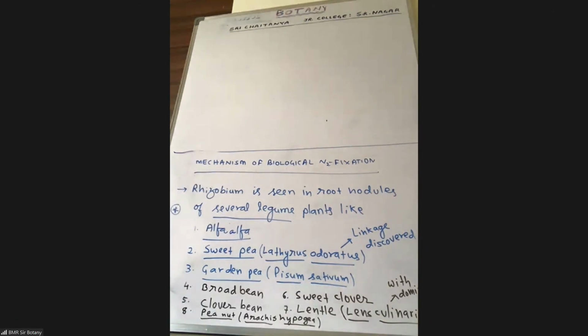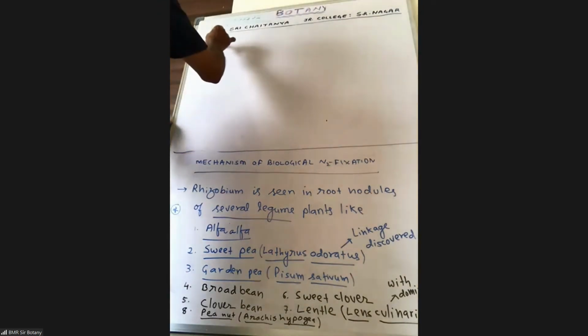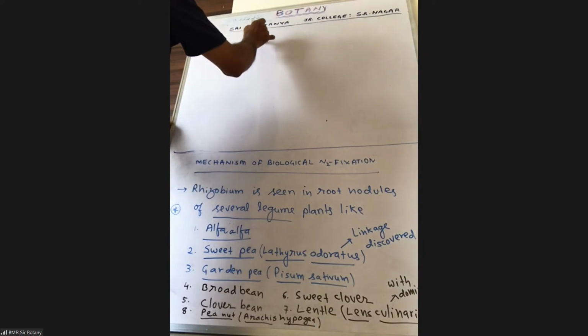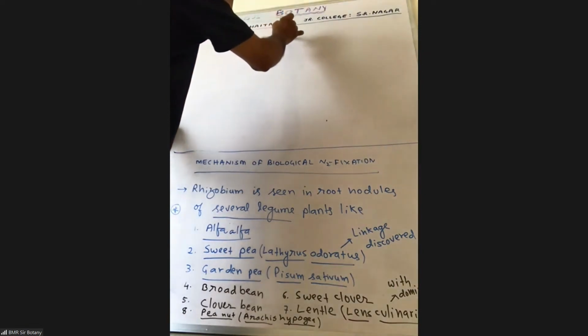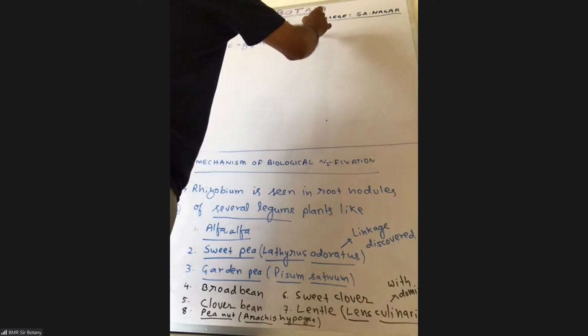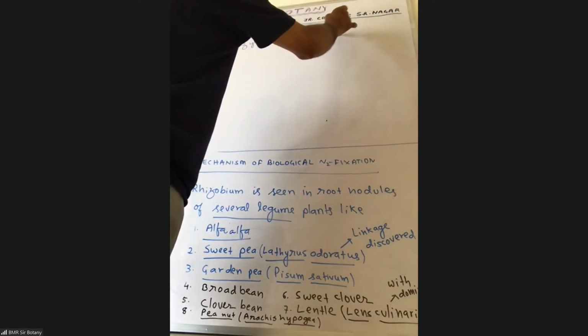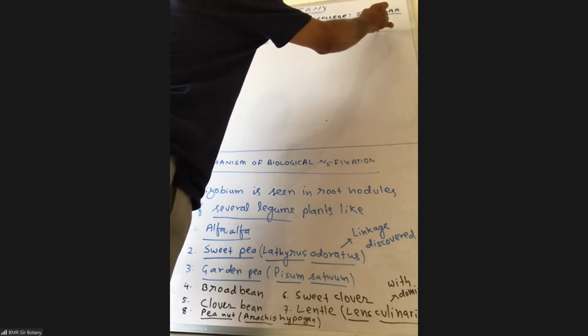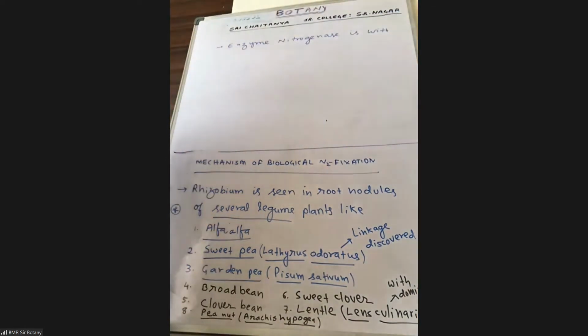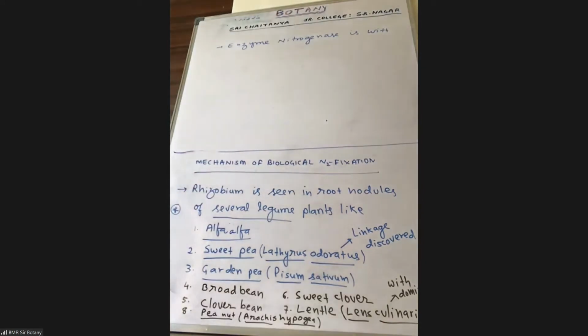What else was required, Nana? Enzyme nitrogenase. Now, enzyme nitrogenase is with which metal ion cofactor, Nana? Molybdenum, activator of nitrogenase and nitrate reductase.